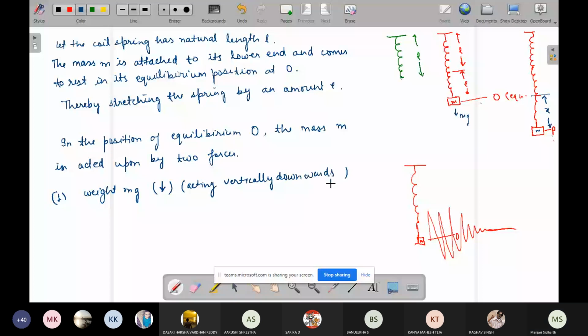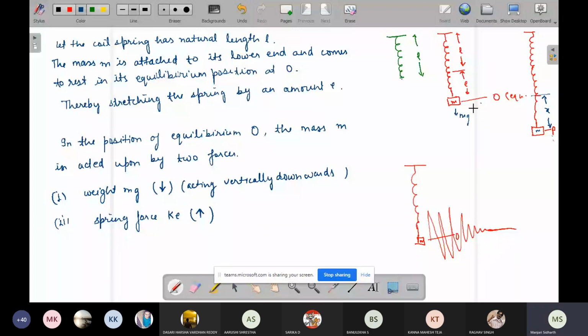Now the second one: this is the motion of the spring, so obviously Hooke's law applies, and the force will be proportional to the stretched length. The spring force Ke, acting vertically upwards. Because this is the equilibrium position, it is in stable form.